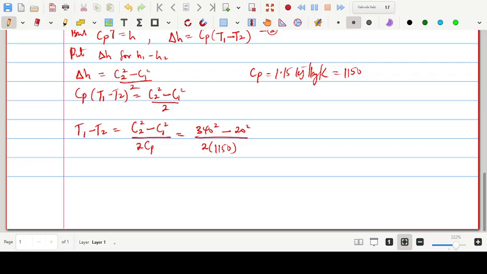Now let us use a calculator. Using the calculator, we have 340 squared minus 20 squared, divided by 2, divided by 1150.